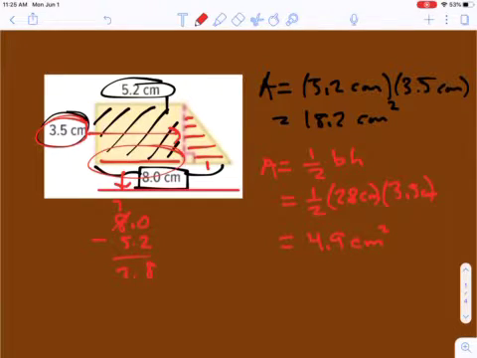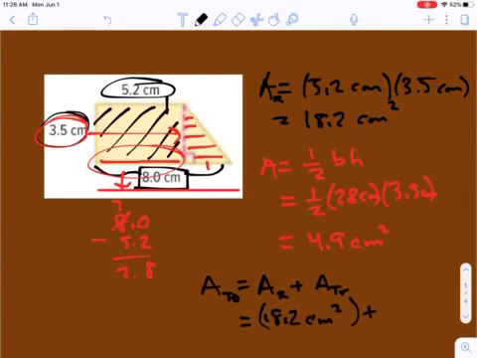Let's put the centimeters in there: 4.9 centimeters squared. Now I'm just going to add up what I know. My total area, which I'll call area T, is going to be equal to the area of my rectangle plus the area of my triangle. So the area of my rectangle was 18.2 centimeters squared, and the area of my triangle was 4.9 centimeters squared.